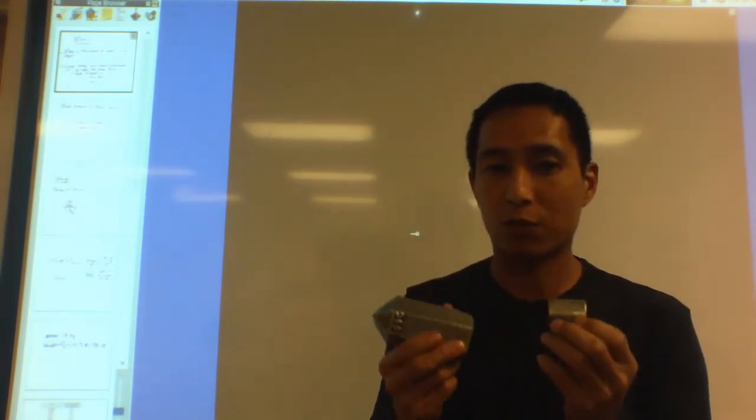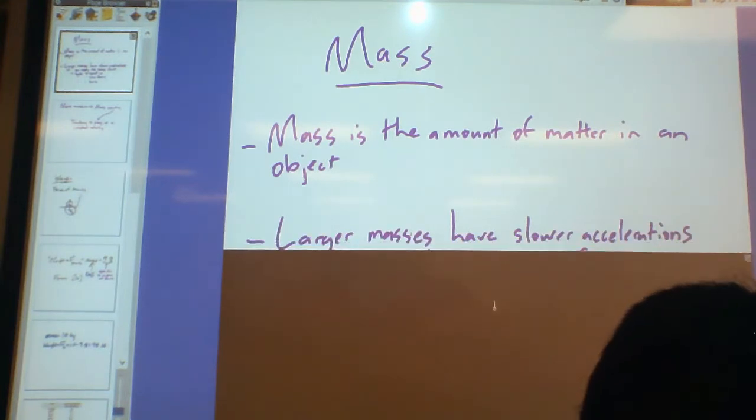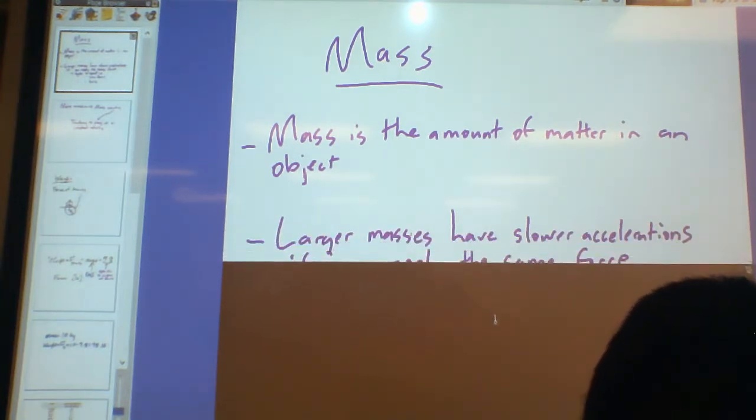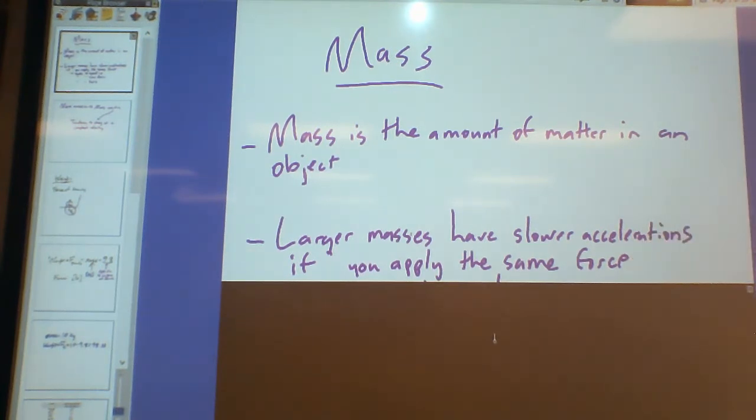So from a physics point of view, the object with more mass is the one that has a slower acceleration if you apply the same amount of force, right? So larger masses have slower accelerations.